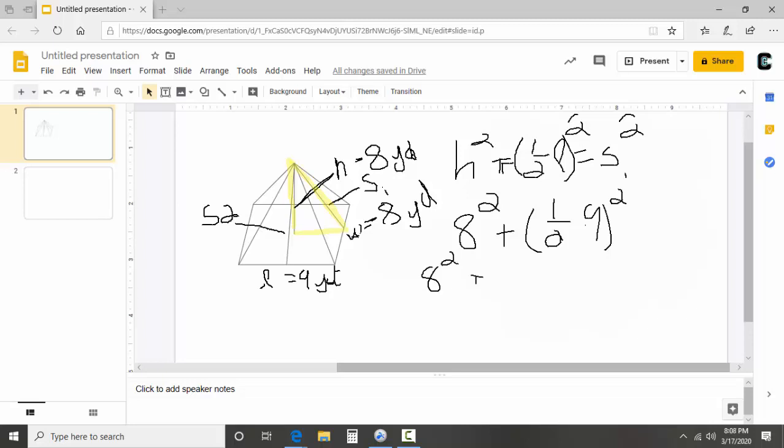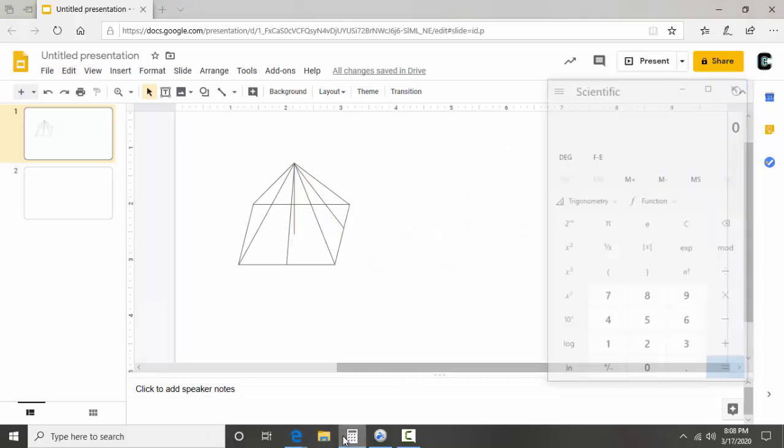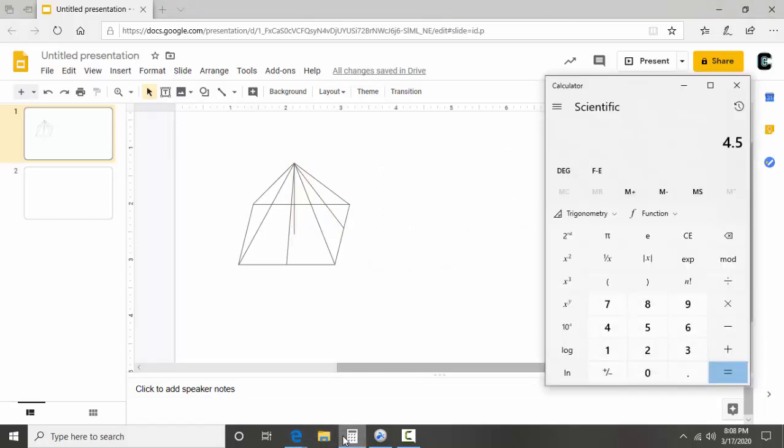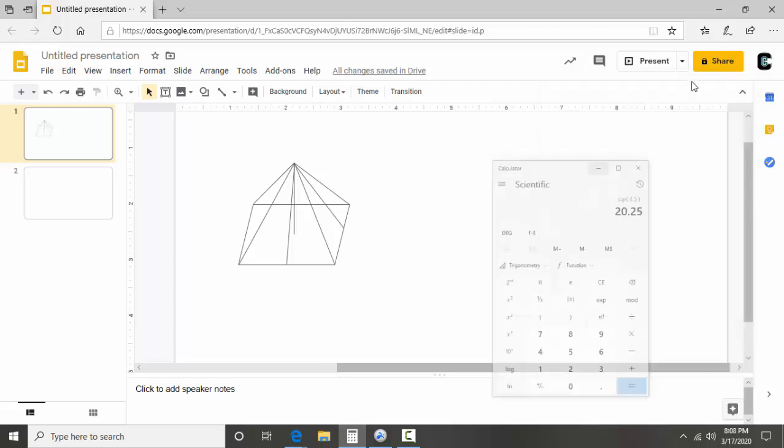Half of 9 is, of course, 4.5. Now I can do my exponents. 8 squared is 64, and 4.5 squared is 20.25.